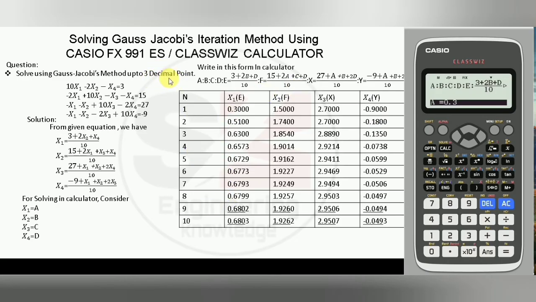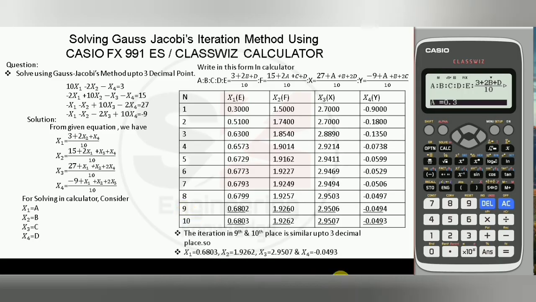So in this way, after solving, we can see that in the 9th and 10th iterations the values are matching up to 3 decimal points. We can see in this table, that is 0.680, 0.680, 1.9263.